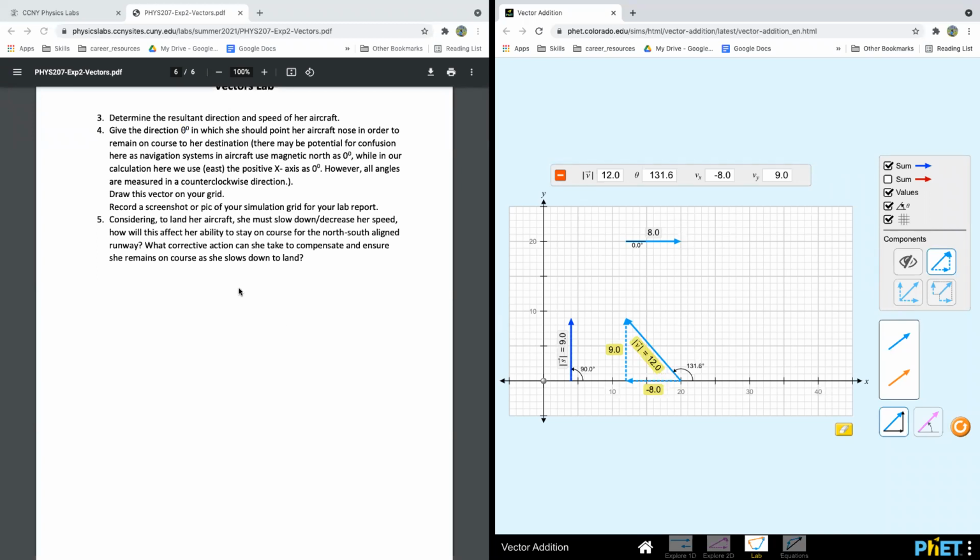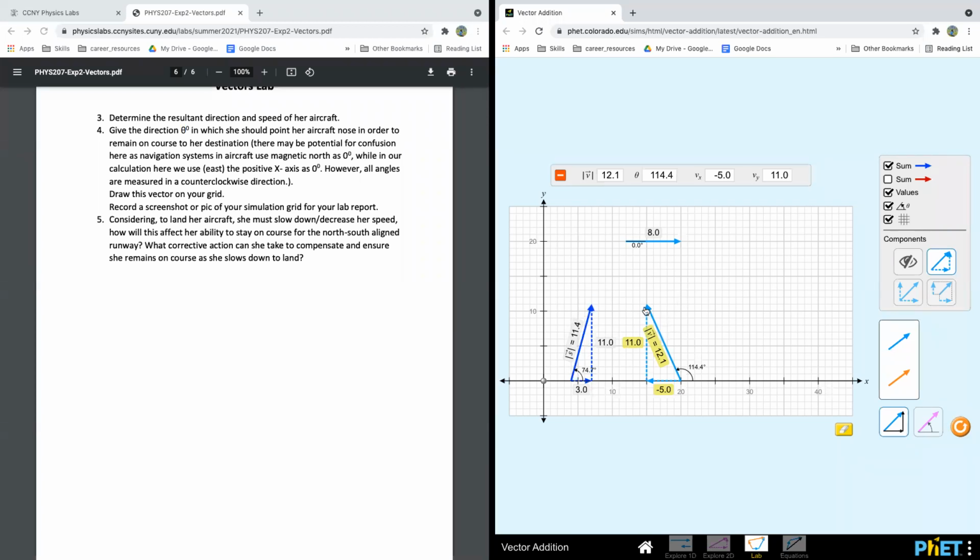So how will this affect her ability to stay on course from a north aligned runway? If she doesn't change her direction, the direction and the speed she's flying stay the same, and if she's decreasing her speed without changing her direction, she will not be able to remain on the north aligned runway.